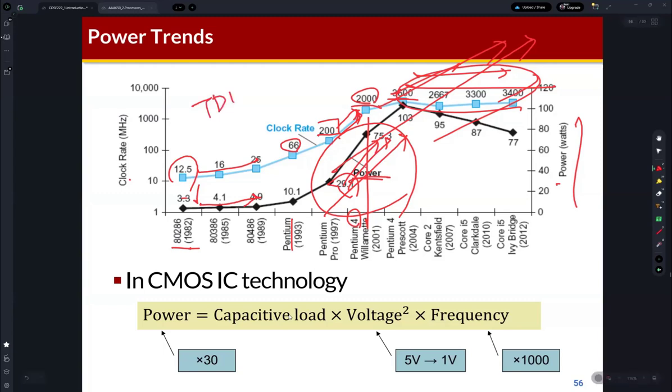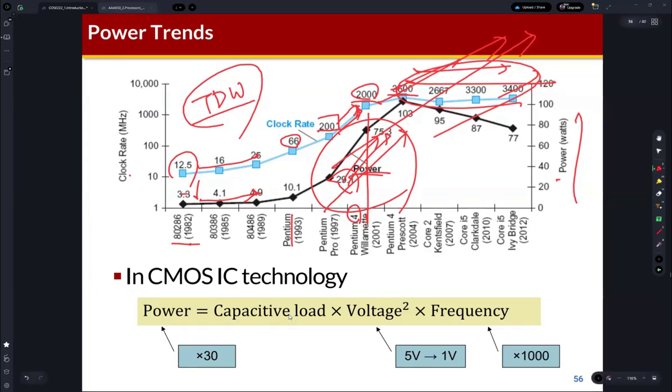If you are interested in hardware, then you may have heard about the TDP, not TDW, TDP. What does it mean? TDP means thermal design power.